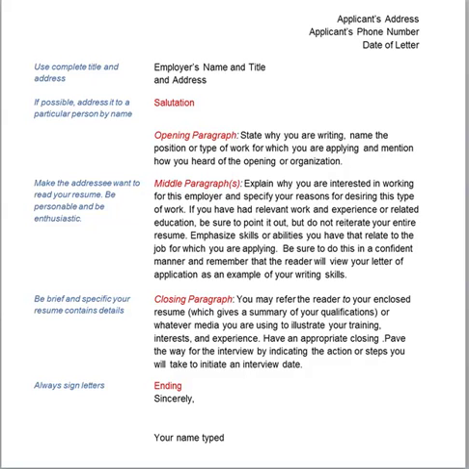And then we can start with a salutation, trying to find the name of the person that we need to address. And then having an opening paragraph in which we state why we write, what is the position that we need. In the middle paragraph, we have to explain why it is so important for us to work for them. And then in the closing paragraph, we must specify our availability.